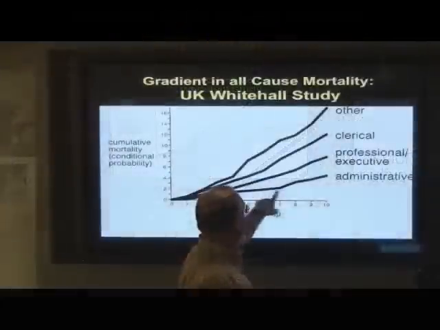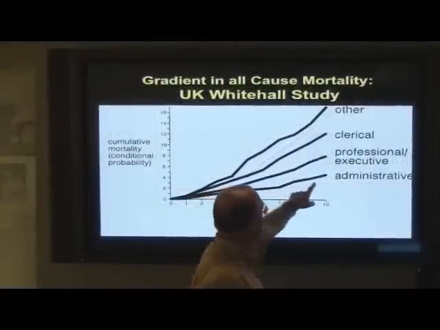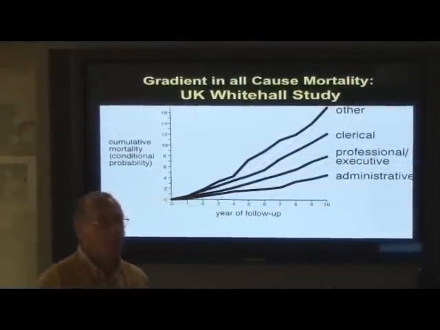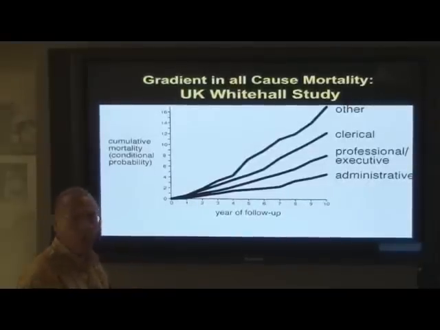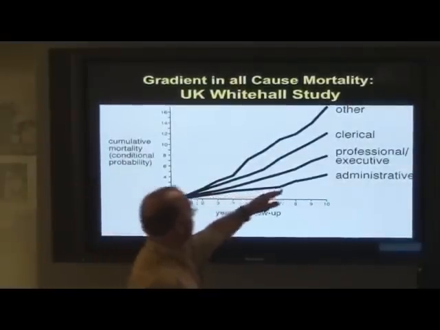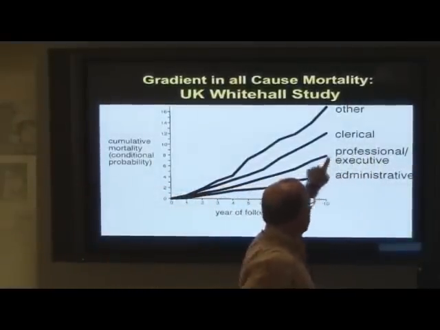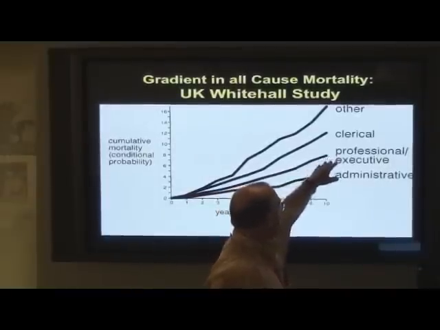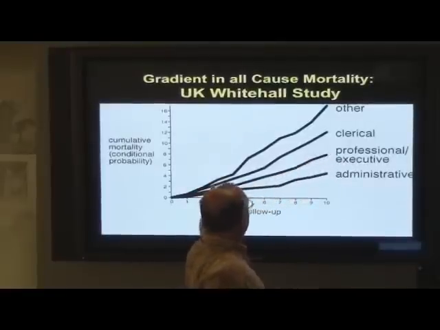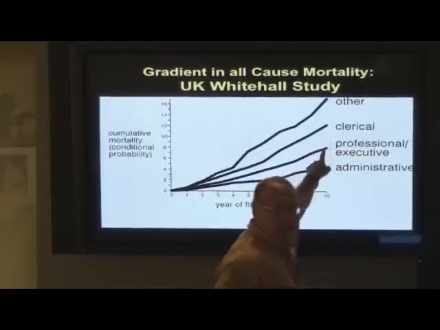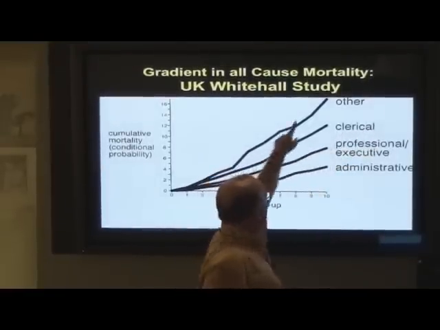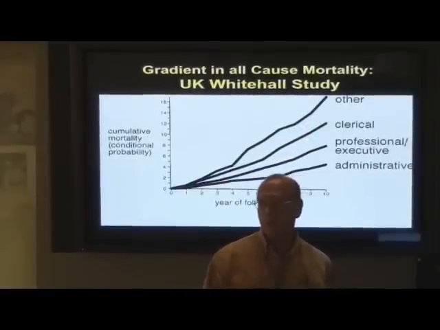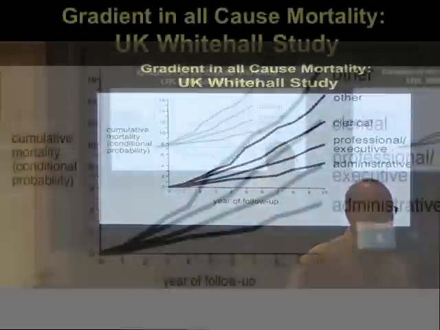So over a 10-year period of time, the cumulative level of mortality for those in the administrative grades, which would be the Cambridge, Oxford trained type people, was cumulatively lower than the professional and executive grades, which would be like the program managers and people like that, which was cumulatively lower than the clerical people, which was in turn cumulatively lower than the people who are engaged in blue-collar occupations, such as maintenance jobs in the building and stuff like that.